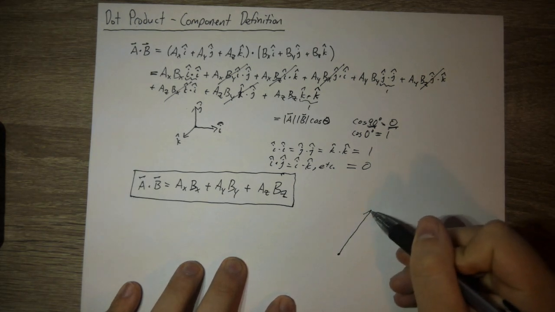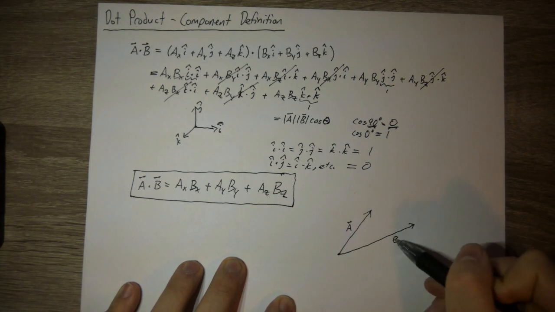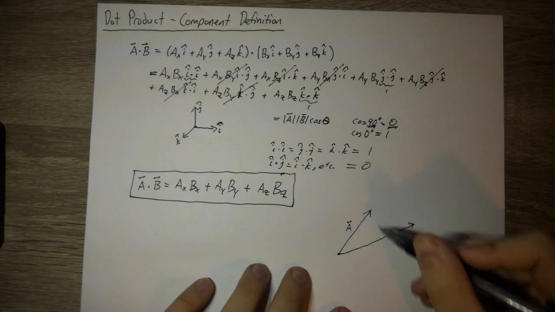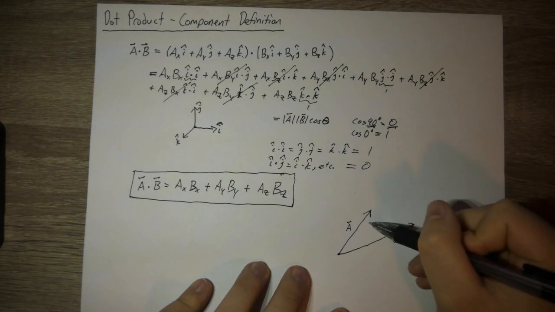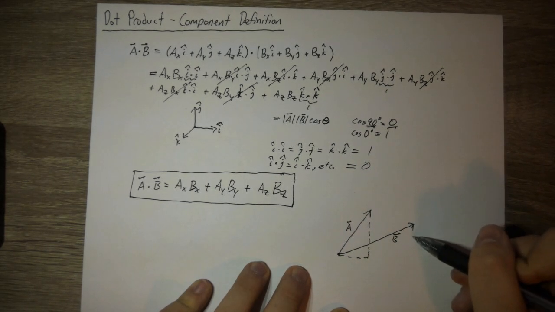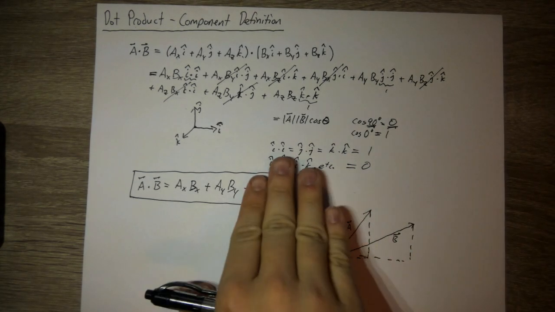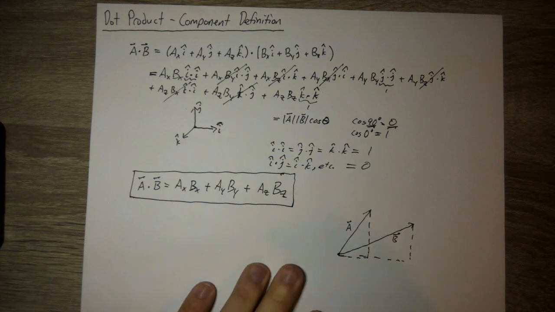If we have a vector A and a vector B, what we're essentially doing is we can draw out its components, and I'm only looking in 2 dimensions here now, so you can pretend there's no Z term here.